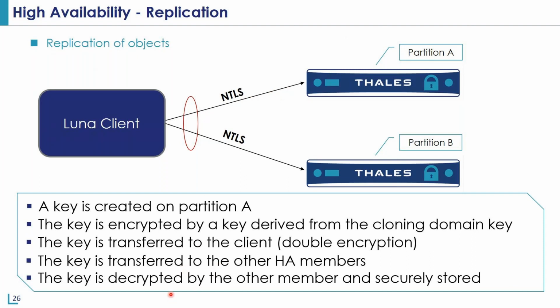All of them have the same cloning domain, so they will be able to decrypt the object and store them securely. FIPS requirement: your content cannot leave the HSM boundary in an unencrypted form. So they are encrypted with cloning domain. Again, this is completely transparent to application. This replication is done by the Luna client.